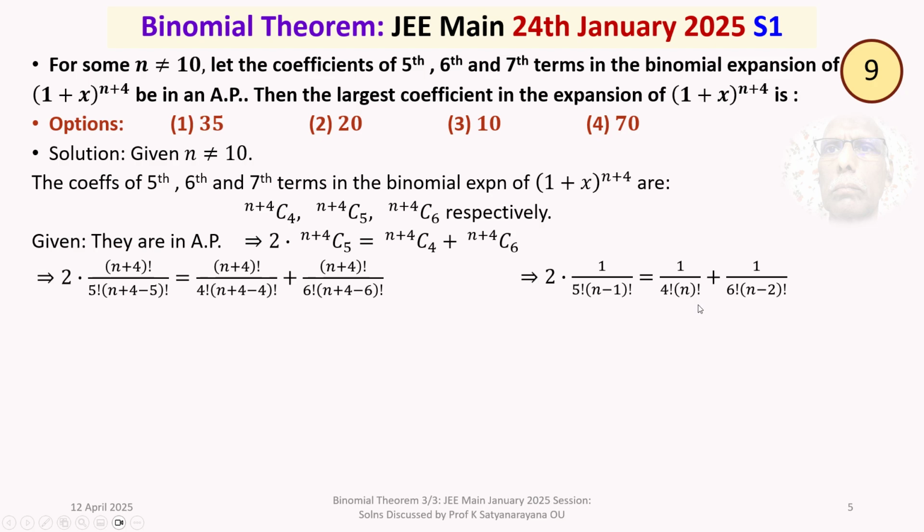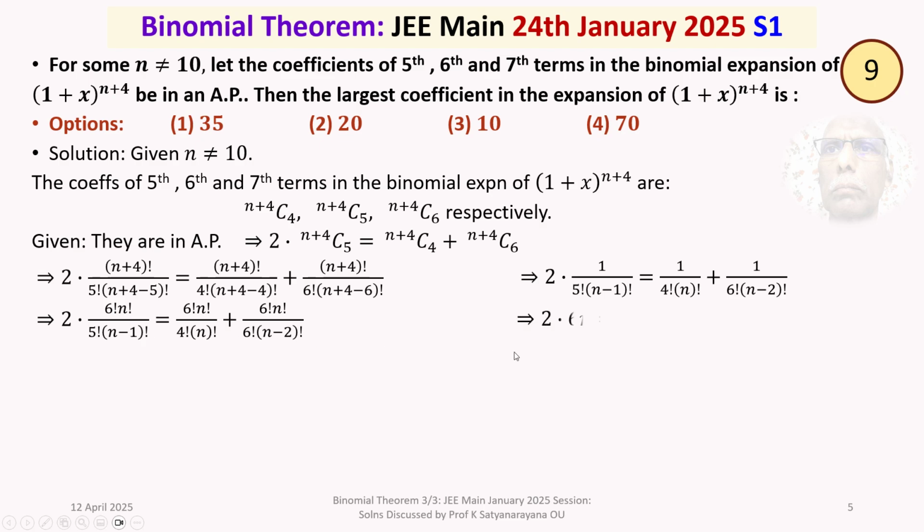Now multiply throughout by the LCM. 2 times 6 factorial n factorial by 5 factorial into (n minus 1) factorial is equal to 6 factorial n factorial by 4 factorial into n factorial plus 6 factorial into n factorial by 6 factorial into (n minus 2) factorial. 6 factorial by 5 factorial is 6. n factorial by (n minus 1) factorial is n.